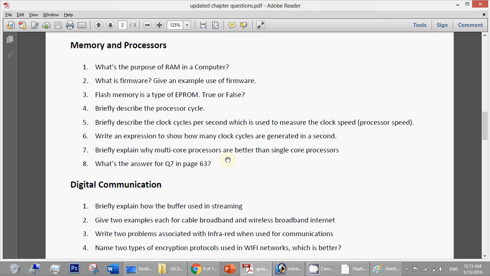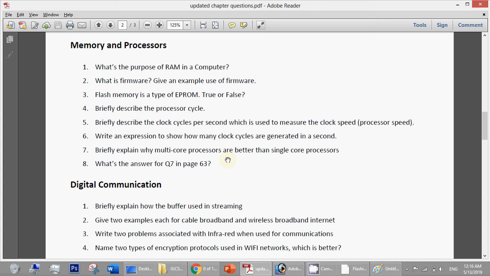Briefly explain why multi-core processors are better than single-core processors, right? When you have multi-core processors, each core is a small processor built into one unit as CPU, and each core can process individual instructions at the same time. So it leads to parallel processing, right? So the process speed or the overall speed will be increased.